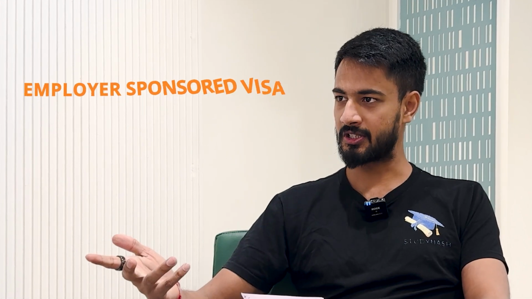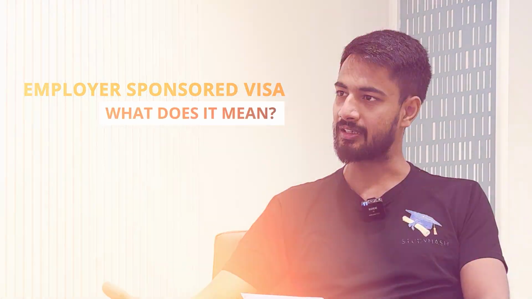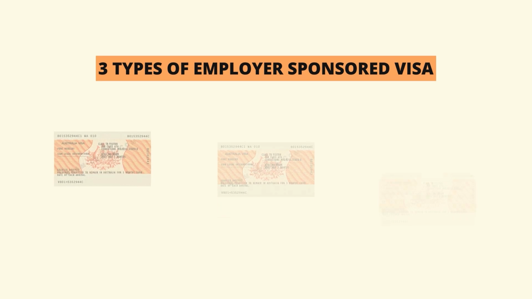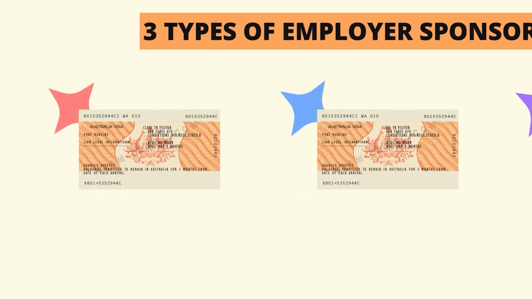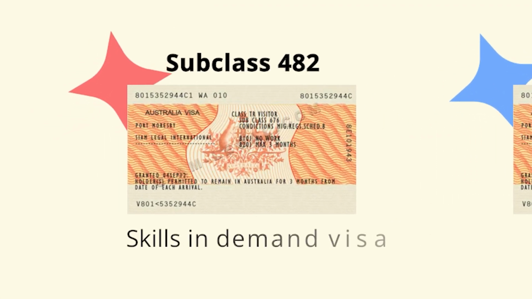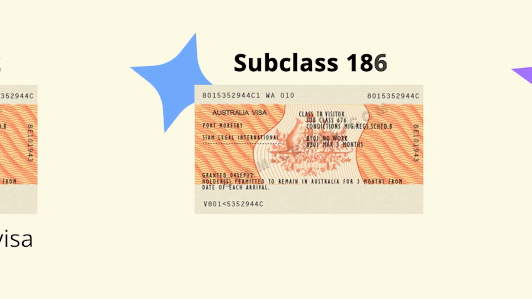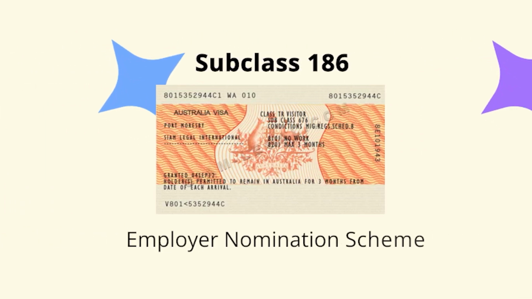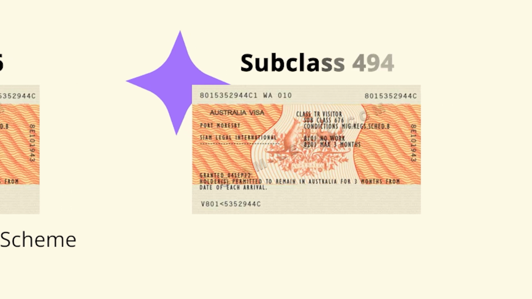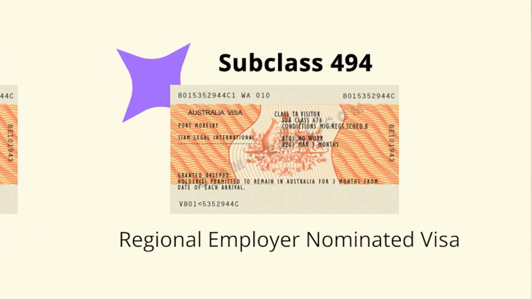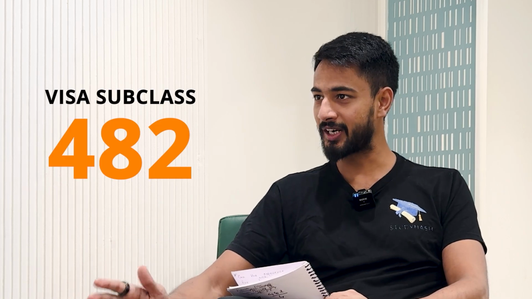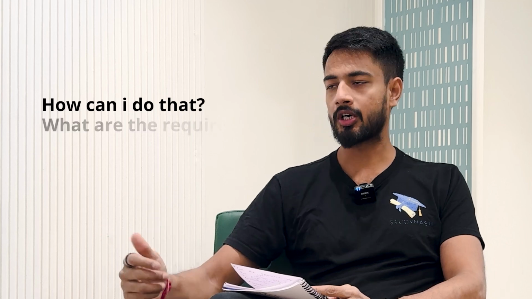When you say employer-sponsored visa, what does it mean? So there are three types of employer-sponsored visas: subclass 482, which is a skills in demand visa, subclass 186, which is an employer nomination scheme, and subclass 494, which is a regional employer nominated visa. I have heard maximum about visa subclass 482. I want to apply for this visa. How can I do that and what are the requirements?